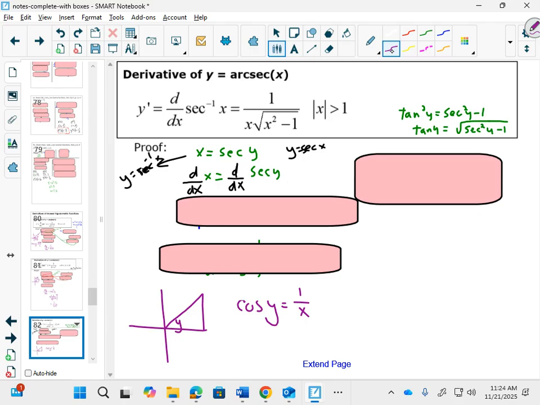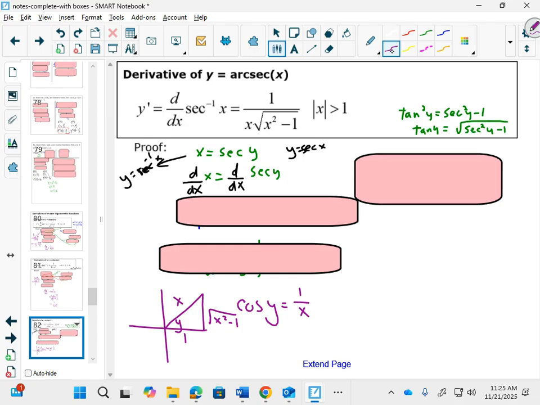Which would mean this would be 1, this would be x. A squared plus b squared equals c squared. Can you see that this side would be the square root of x squared minus 1? Okay, not so bad.